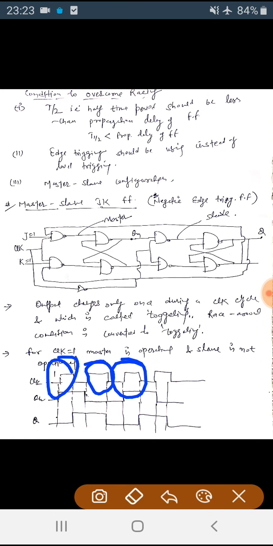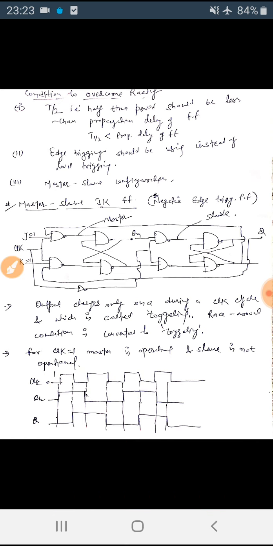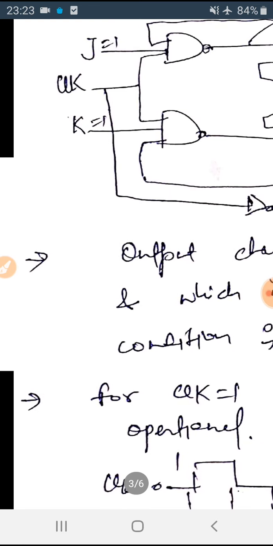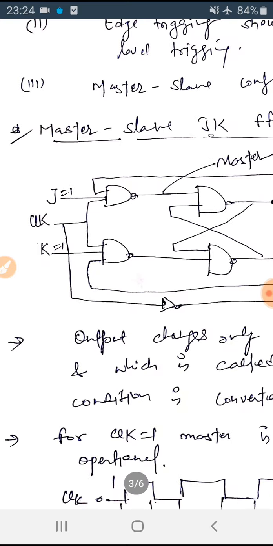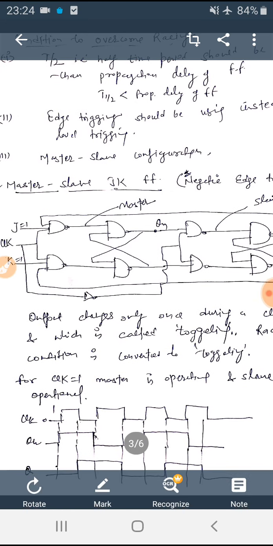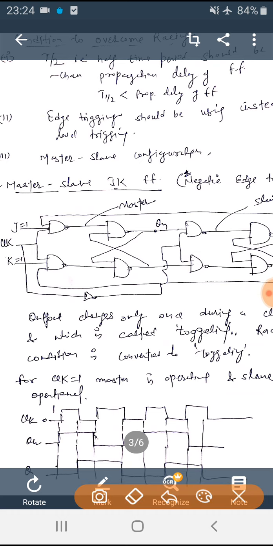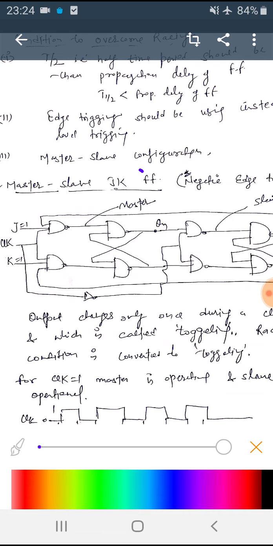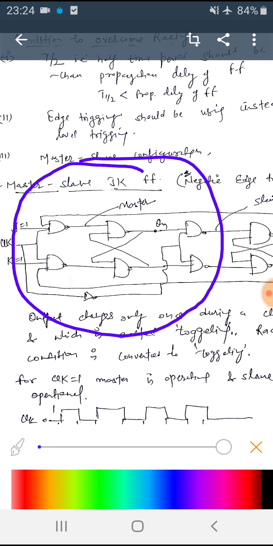So this is how we can overcome the racing around condition in a JK flip-flop by using two flip-flops connected to each other. Like the diagram, we can see how both are connected.